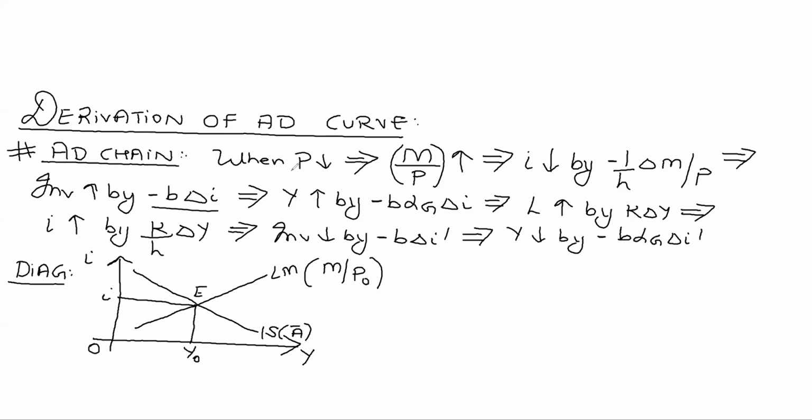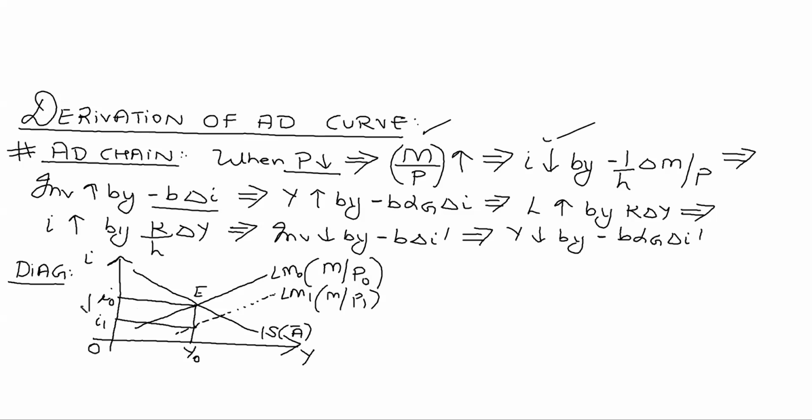Now, when price falls, M by P goes up. When real money supply goes up, the LM curve shifts downwards and to the right from LM0 to LM1, which is M by P1. First, interest rates fall from I0 to I1.